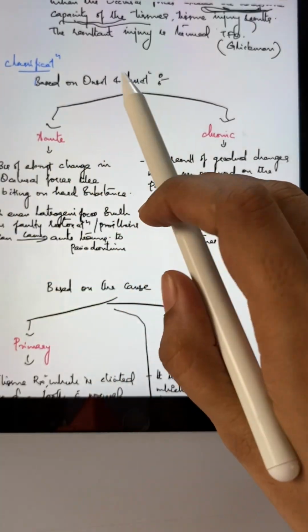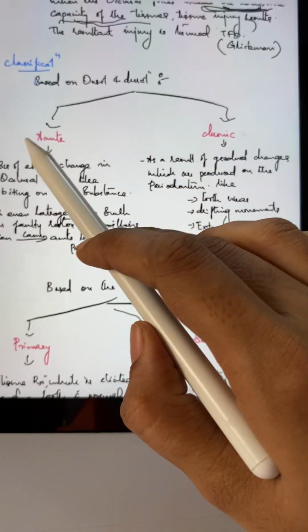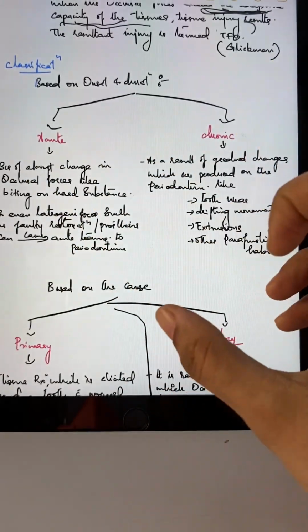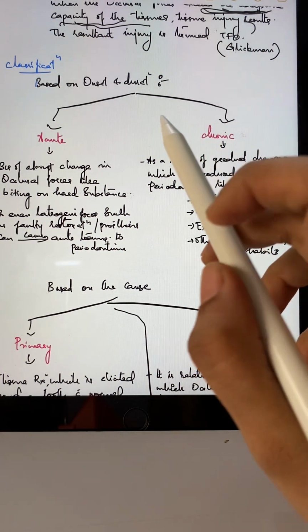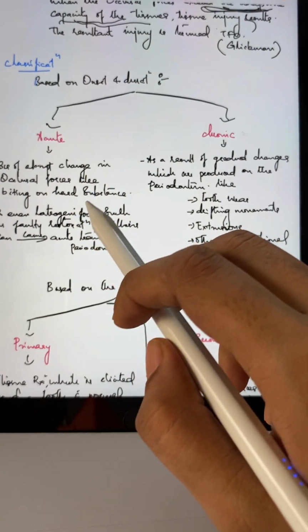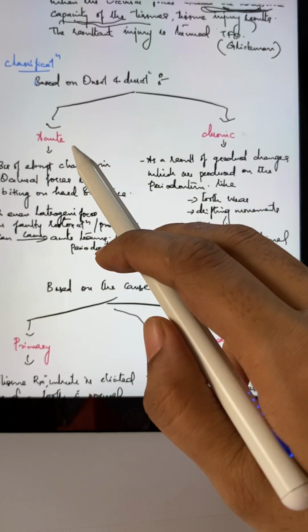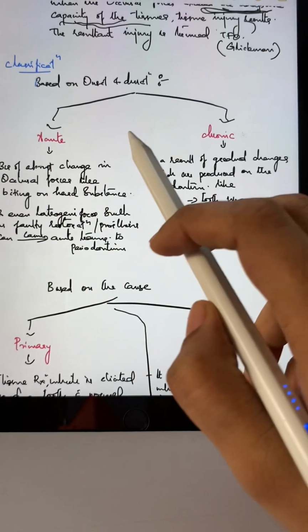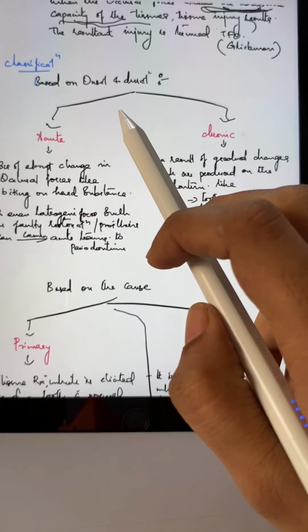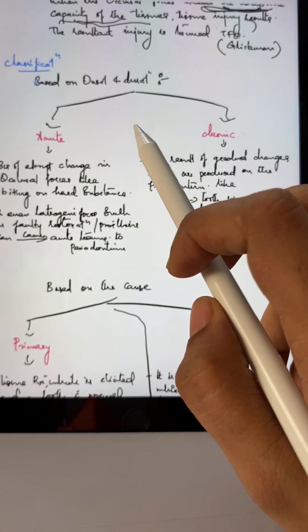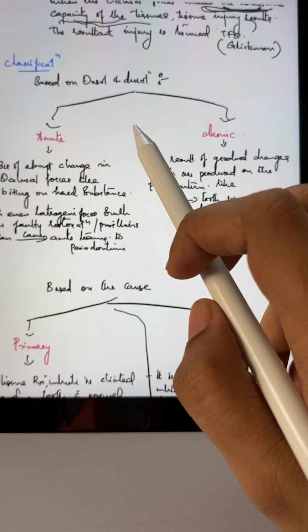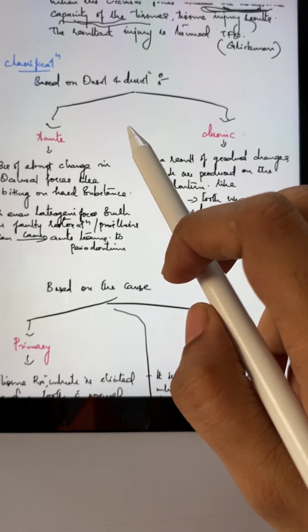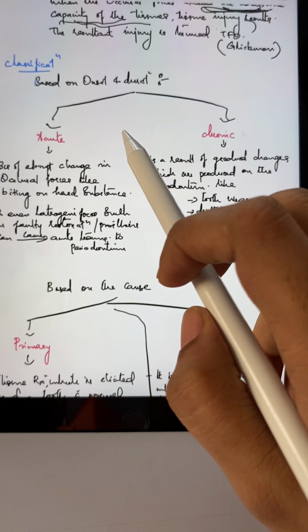First is the classification based on onset and duration. First one is acute. Acute means it occurs suddenly. No gradual thing is happening. In sudden situations, we call it acute. This is because of an abrupt change in the occlusal forces, like if we bite something hard, or faulty restorations, or sometimes if we have done a restoration, there may be some high points in their mouth.